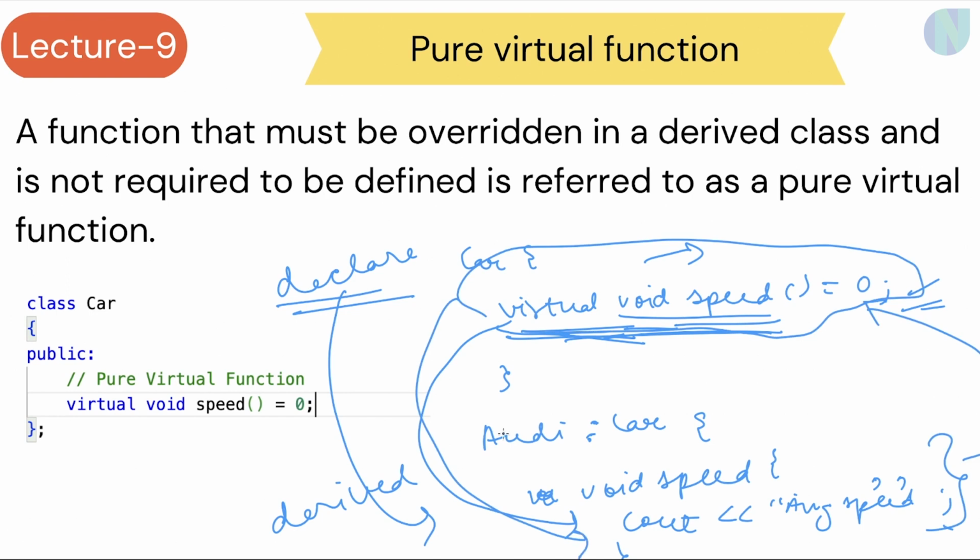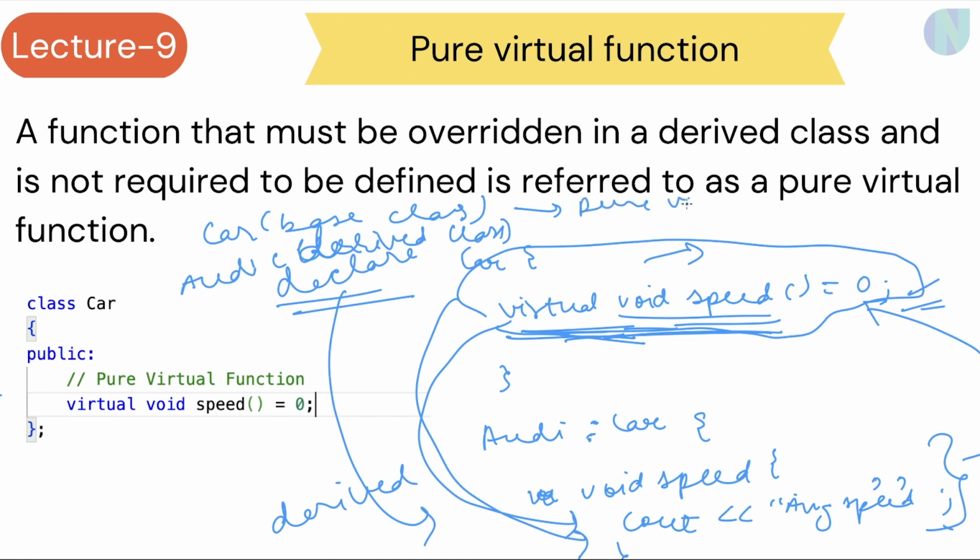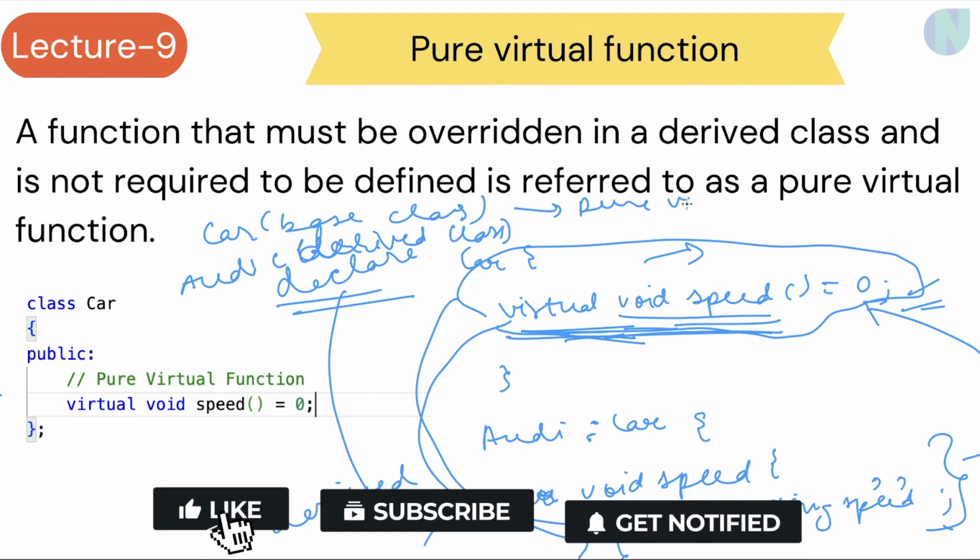So in simpler terms we can say car is a base class, Audi is a derived class. Now if the car class is having any kind of function which is declared as pure virtual, that is a method or function equal to 0, that needs to be overridden in the derived class.